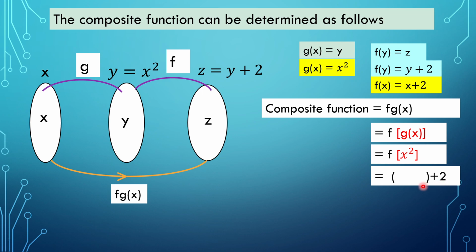Wherever you have x, you use an empty bracket. Then you substitute the object, that is x squared, into the empty bracket and you simplify, you get x squared plus 2. So this is how you find the composite function f(g(x)).